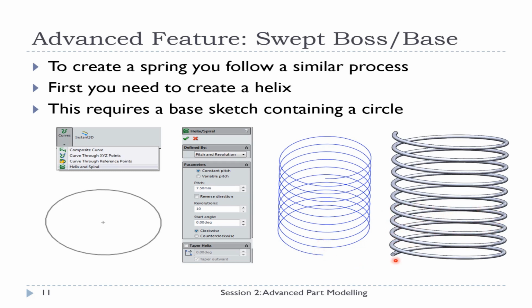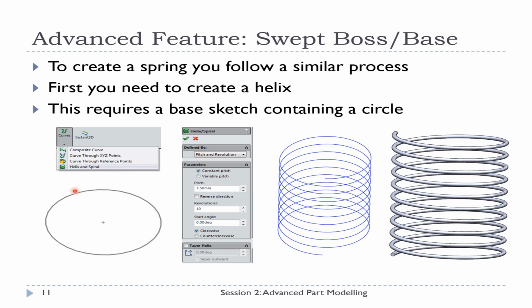To do that, we need to create a circular profile and a helix. SolidWorks has a command to create helix and spiral types of geometries to make spring-like models or any other geometry that may need a helix shape.